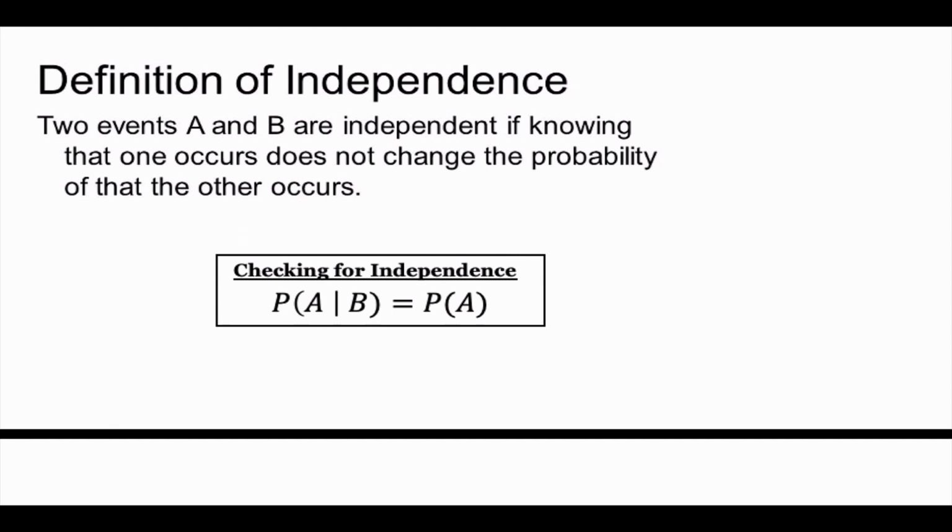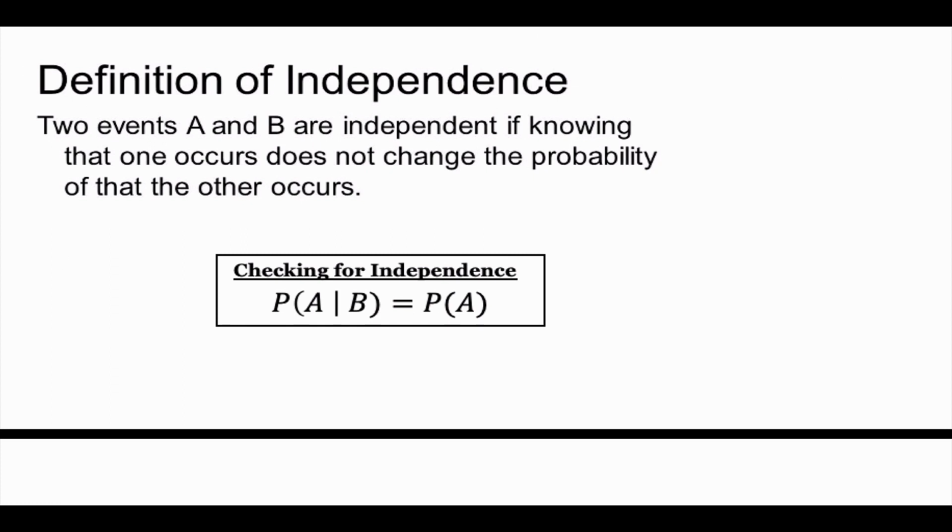For example, if someone walks in and says they studied for the test, is that going to change their chances of passing the test? Yes, so they are not independent. Studying for the test and doing well on the test are what we call dependent, because they change the probability.